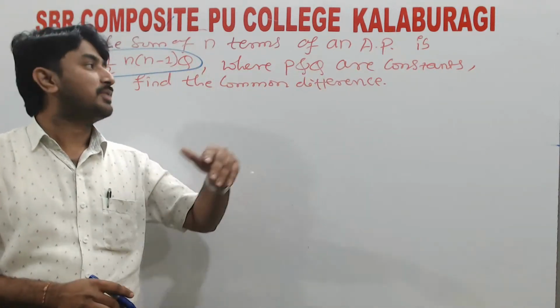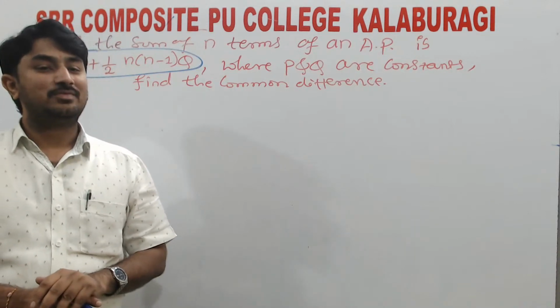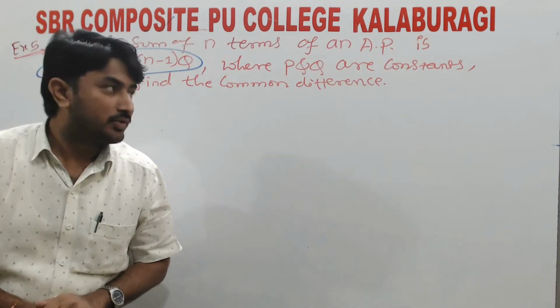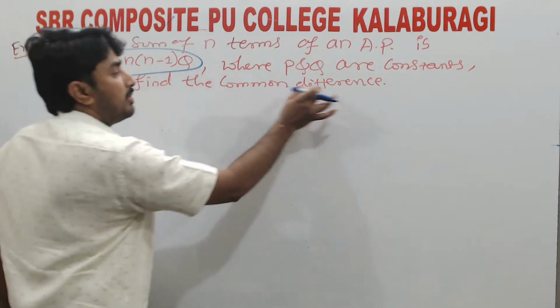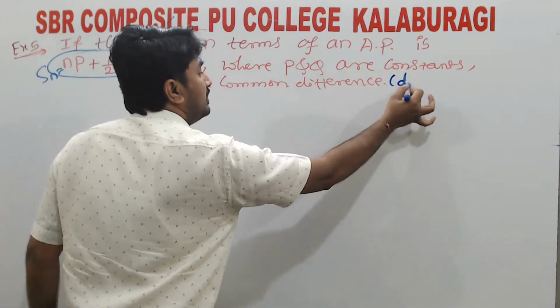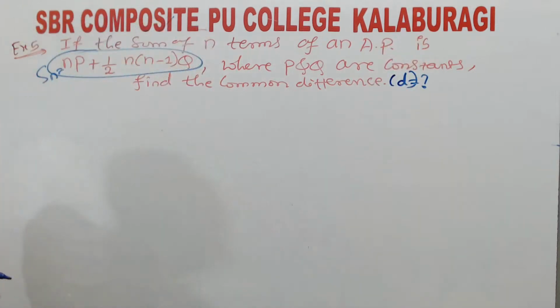If you multiply or divide any term of an AP, the resulting sequence is again an AP, as you already know. What we have to find is the common difference, called D. D equals how much? I will write the given term once again.